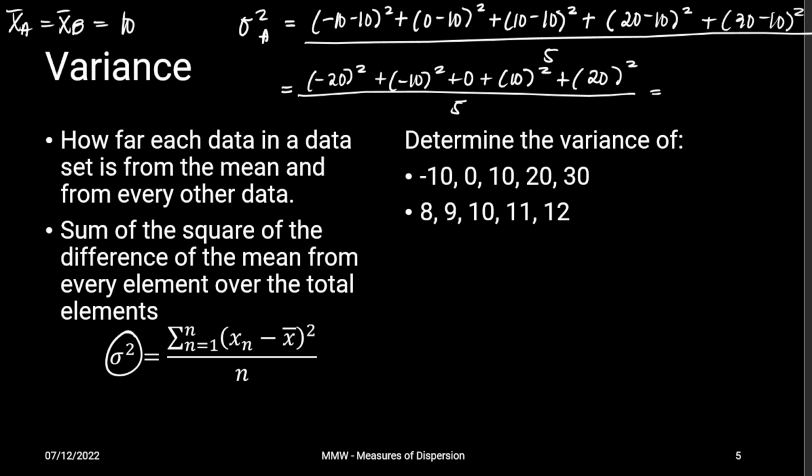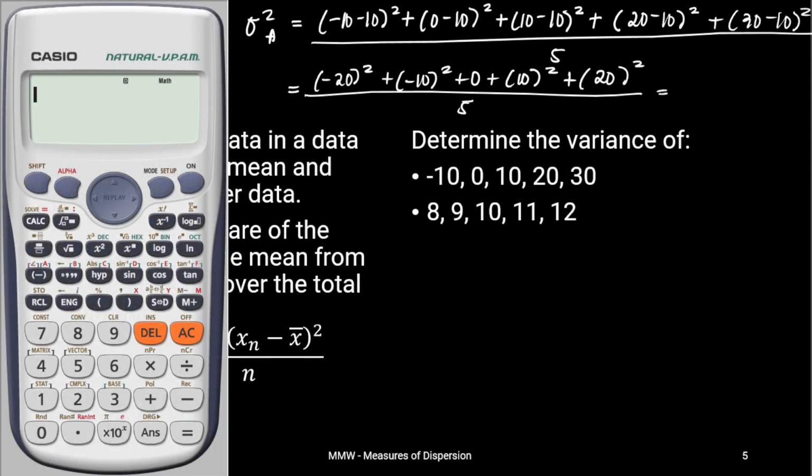So, we have negative 20 squared plus negative 10 squared plus 0, or kahit di na natin ilagay kasi 0 lang naman yun, kasi 0 squared is 0.